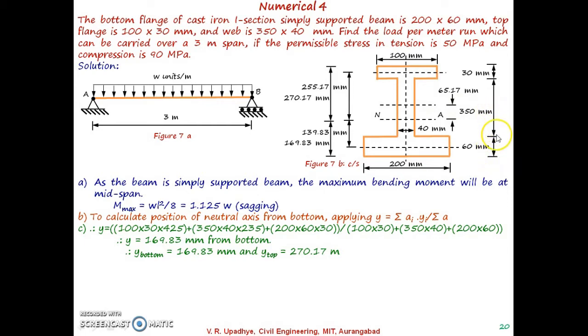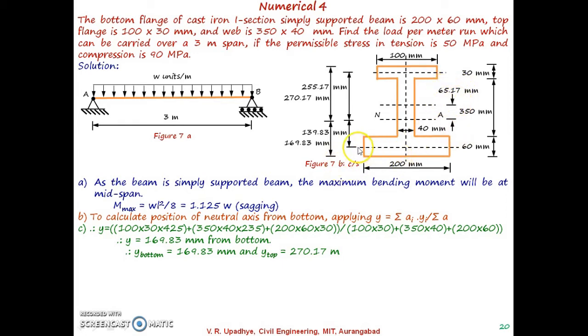So 175 plus 60 is the total length of the centroid of the web from bottom, and from bottom 169.83 mm is the distance of the neutral axis. If you deduct that from the earlier calculation, it gives the distance between the own centroid of the web and the neutral axis, that is 65.17 millimeter.